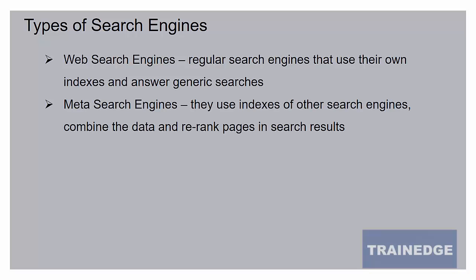Meta search engines use indexes of other search engines, then combine the data and rank pages in search results. The reason meta search engines came into being was a lack of scale in early search engines. Because of the limitation of crawling and indexing and server capacities, most search engines could not index all the websites.